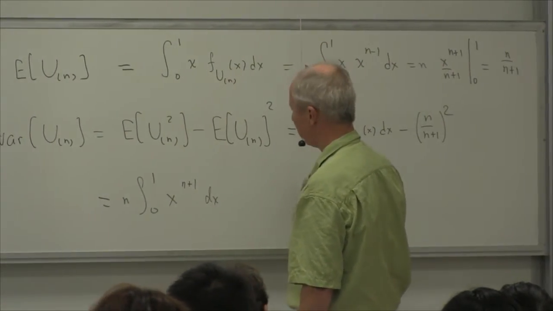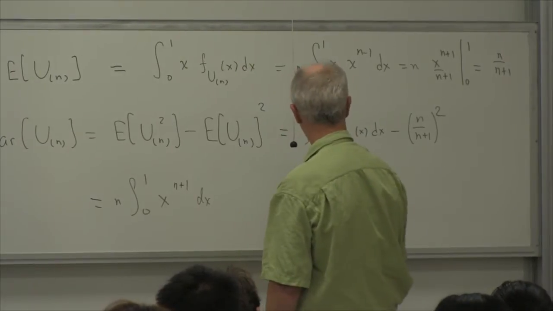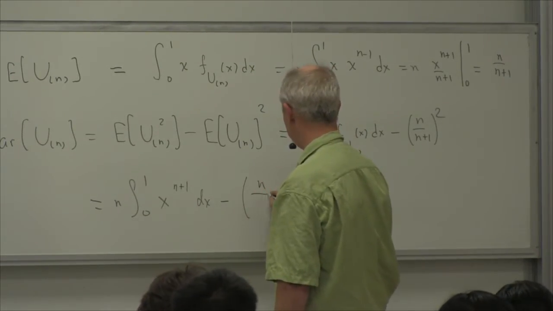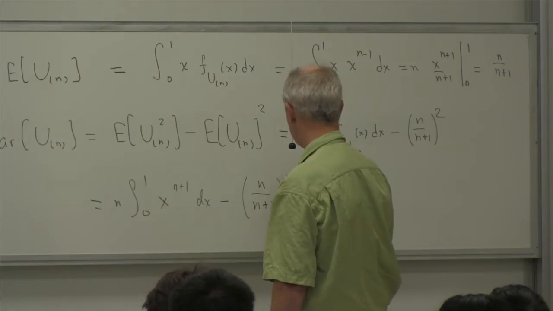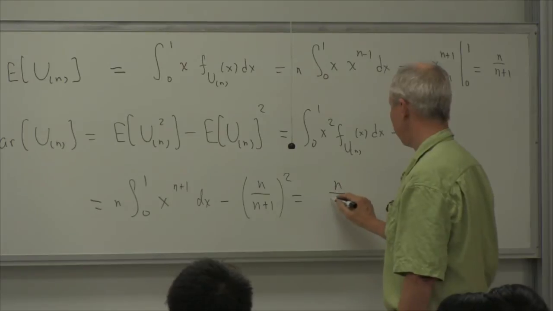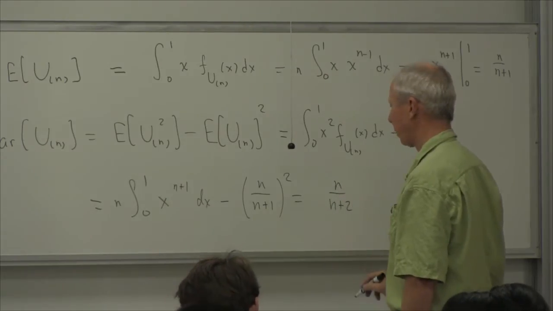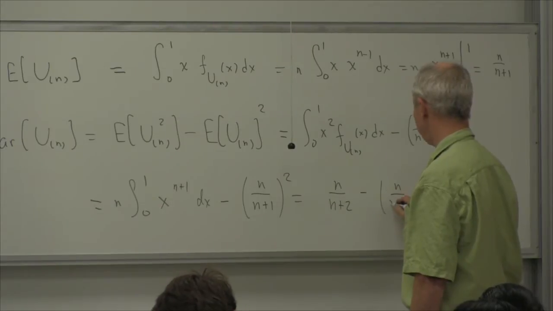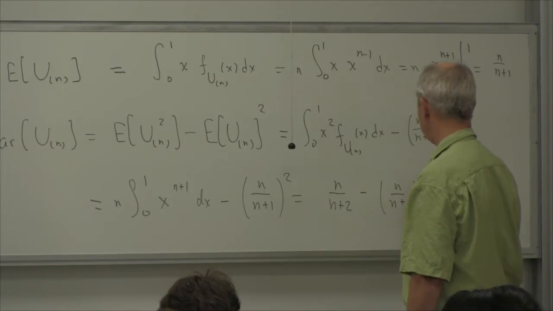And this n is from the PDF. And then minus n divided by n plus 1 squared. And this becomes n over n plus 2 minus n over n plus 1 squared.